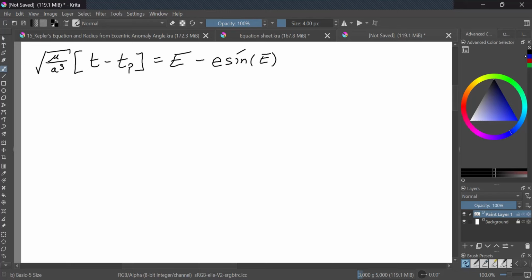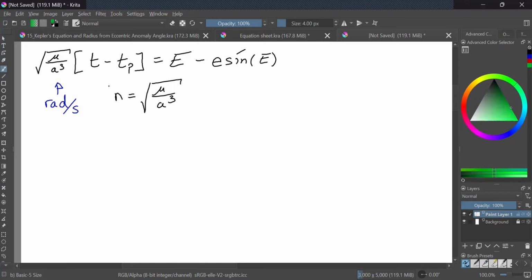This becomes radians per second, which is an important enough term that we give it its own variable, n, and we will write that as square root of mu over a cubed.